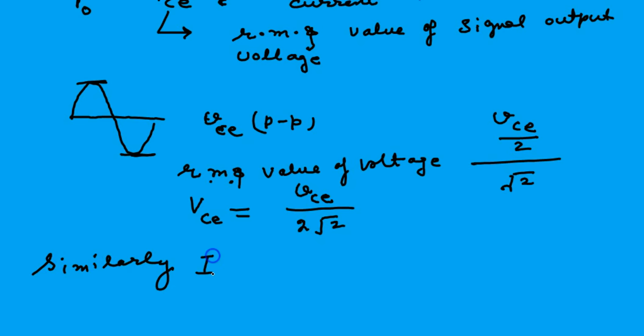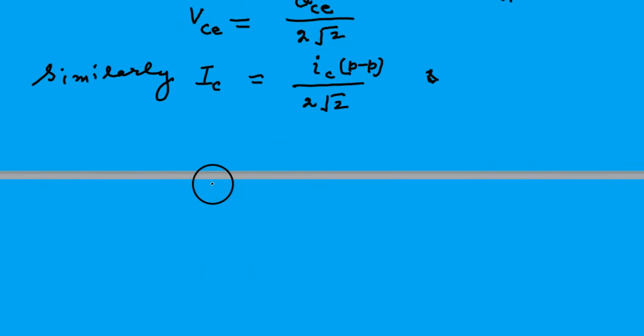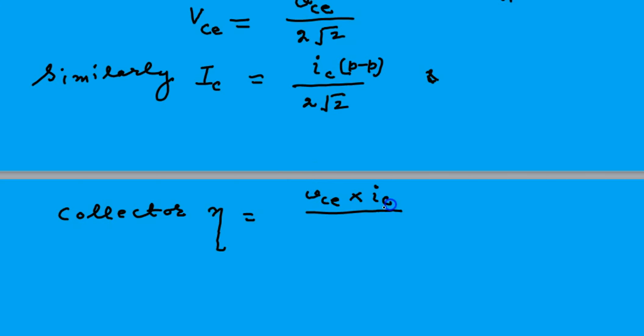Remember, VCE is small lowercase vce. That's a peak to peak value. Similarly, the RMS value of the current is the peak to peak current divided by 2 root 2. Now the collector efficiency is output power upon the input power.